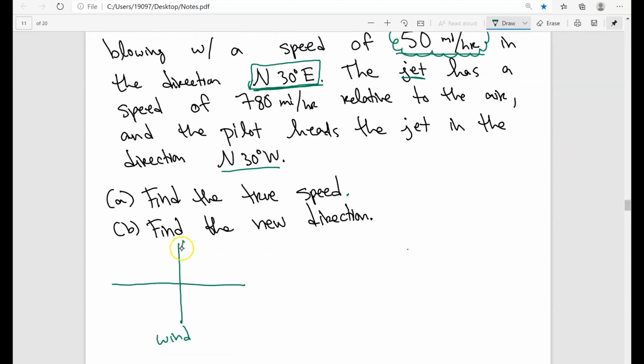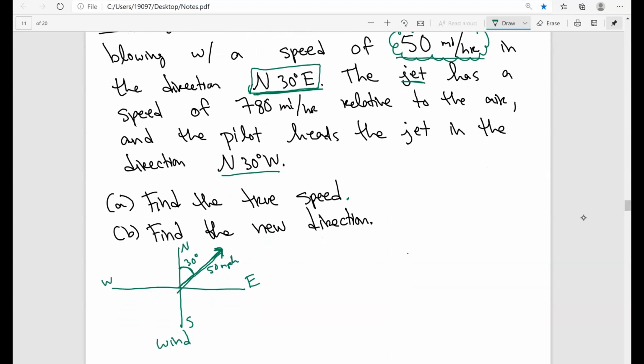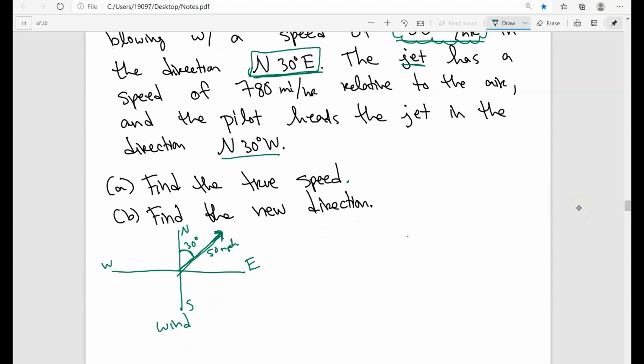If you remember north, south, west, east, the wind is going in this direction at a 30-degree bearing. Remember, it's always hugging the y-axis. The entire size of this vector is 50 miles per hour, so we don't need to convert anything. That's what we know about the wind, going in the northeast direction.